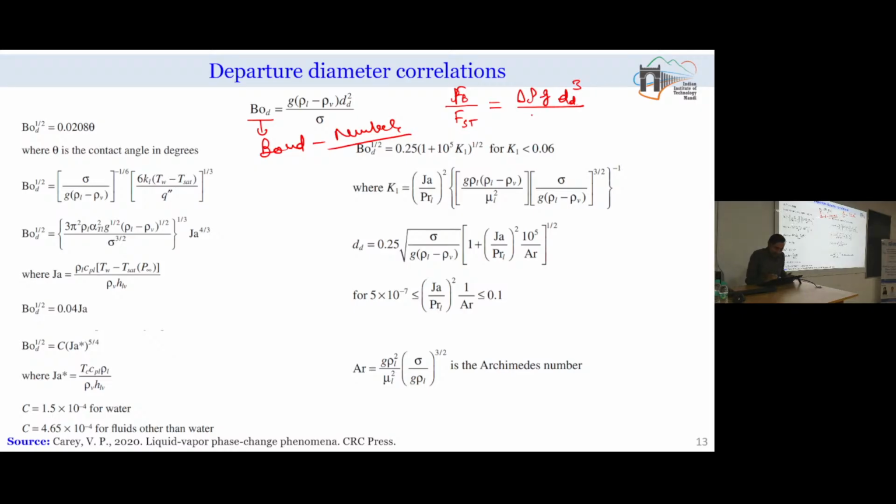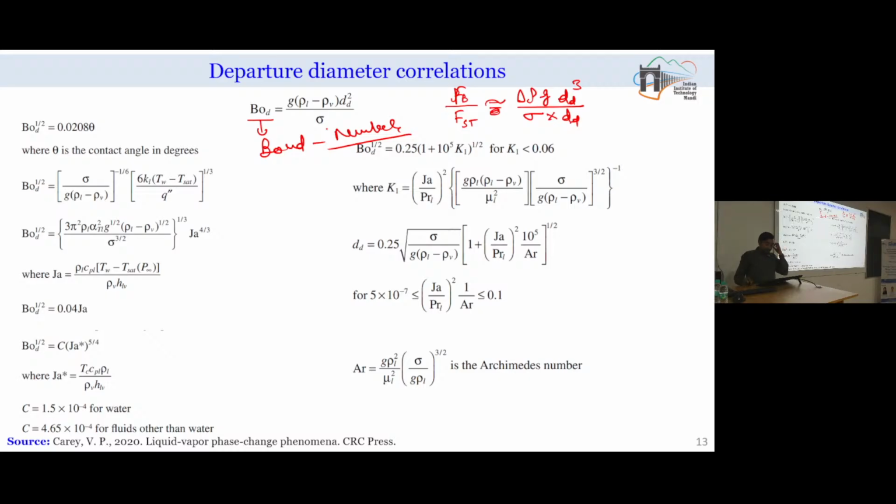The surface tension force will be sigma, which is per unit length, into d_d. If I just do the order of magnitude analysis, I find that the Bond number is delta rho d_d squared g by sigma.